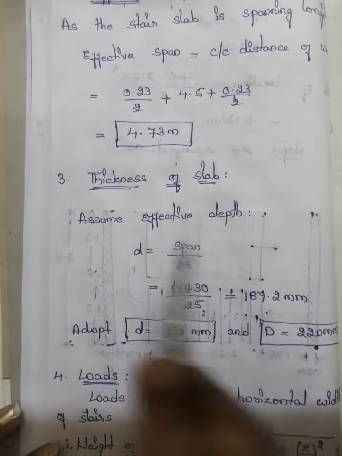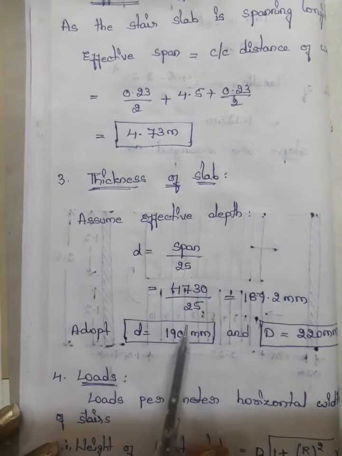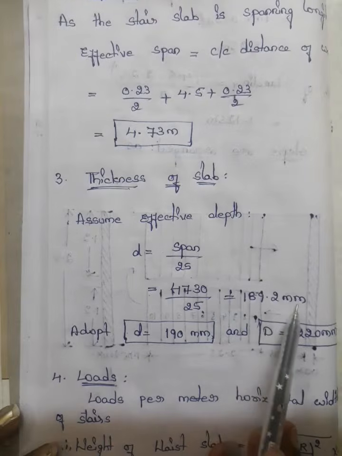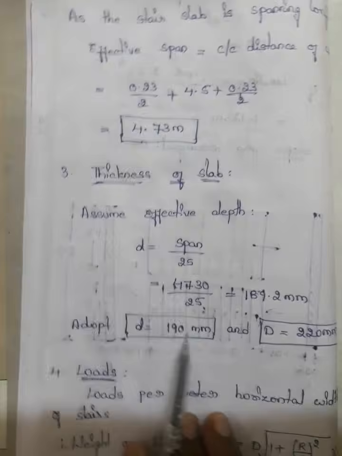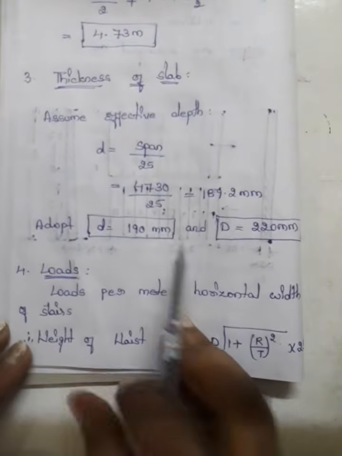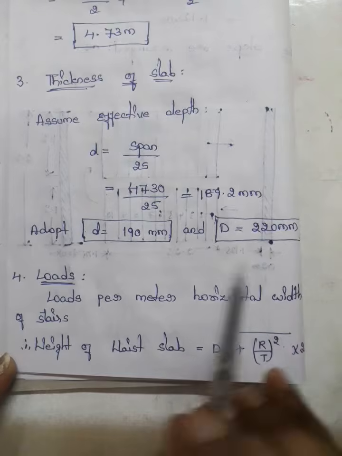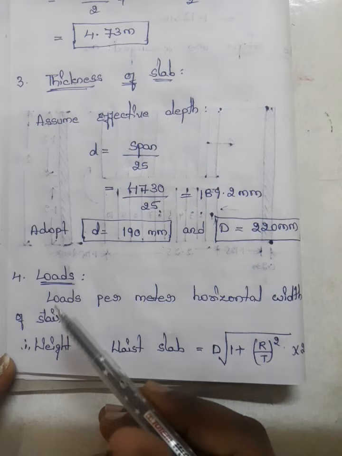So what is the span? 4.73 meters, which is 4730 mm, by 25, which is equal to 189.2 mm. So adopt D equal to 190 mm, add cover to it, and the overall depth is equal to 220 mm.